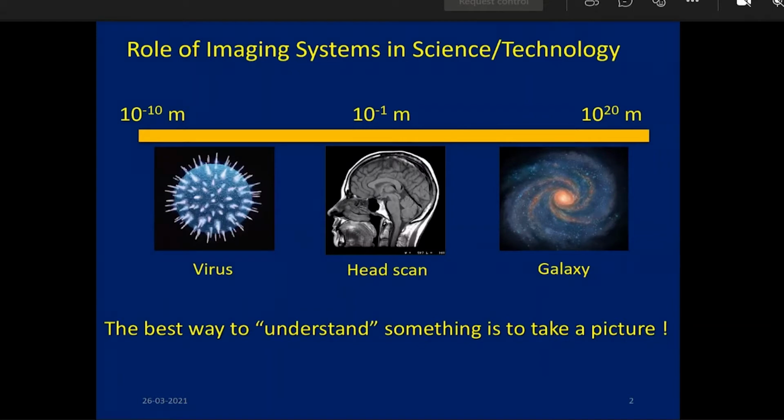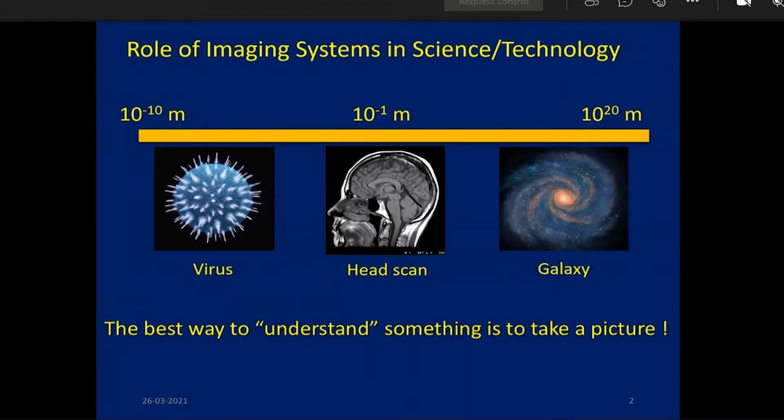If you think about the role of imaging systems in science and technology today, these are all pervasive, meaning you cannot escape them if you are working in any area of science or technology. You may be working in academia, you may be working in industry, you will always encounter some imaging system that is helping you out in doing work, most likely. I'm not saying 100%, but a very large amount of work today relies on our ability to do good imaging.